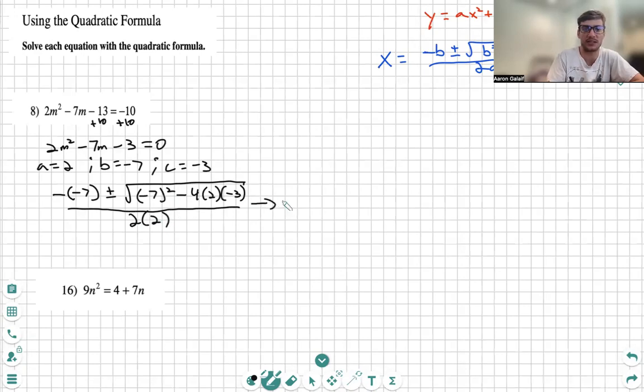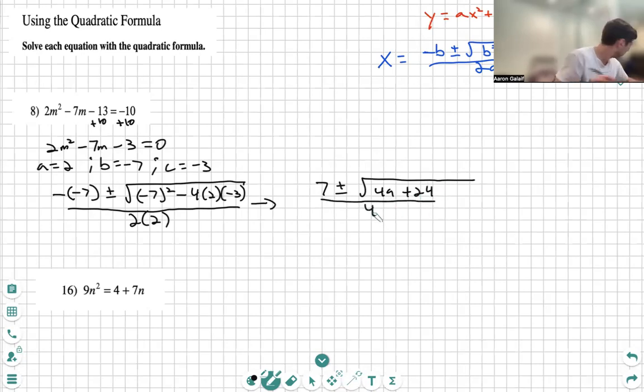So let's clean up the inside of that. Negative 7 will obviously turn that into a positive 7. We don't need to write the positive sign. So 7 plus minus, and then we clean up the inside. Negative 7 squared is 49. Negative 4 times negative 3 is positive 12 times 2 is a positive 24. Then all of this over 4.